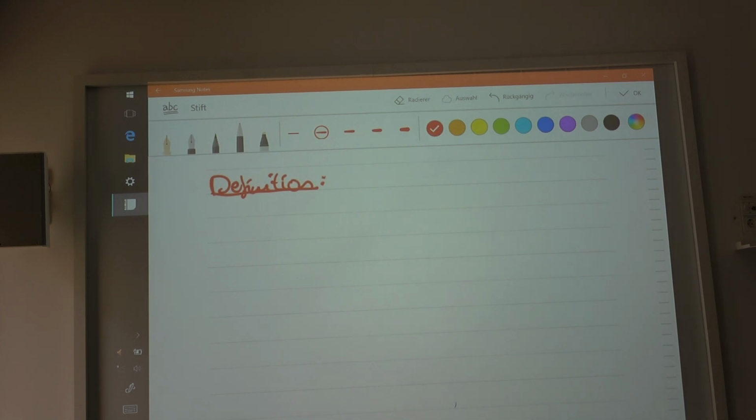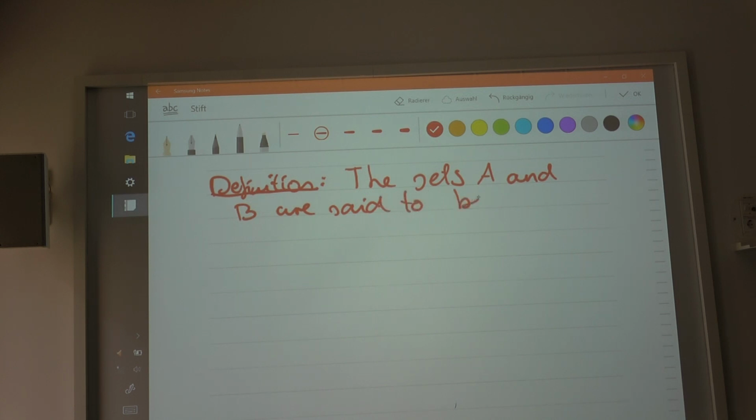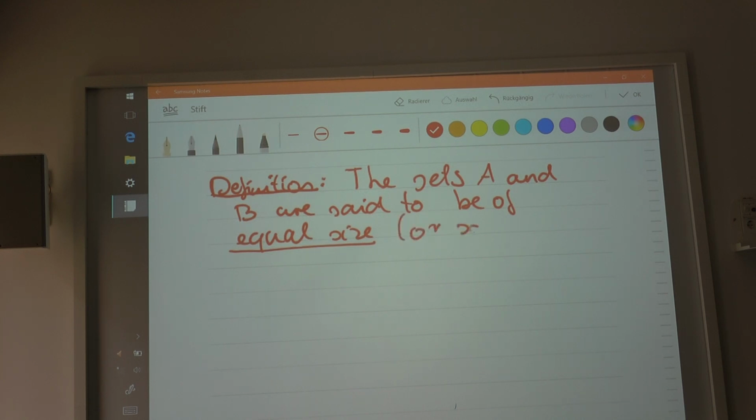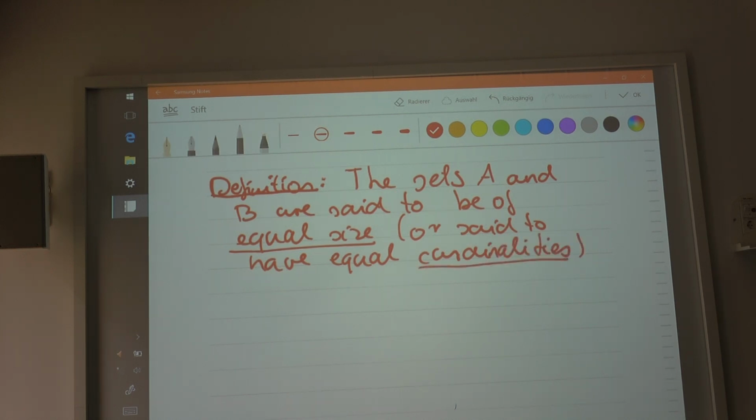You can say that the sets A and B are said to be of equal size, or said to have the same cardinality, so the sizes of the two sets are equal, or said to have equal cardinalities. So cardinality is what you're actually talking about.